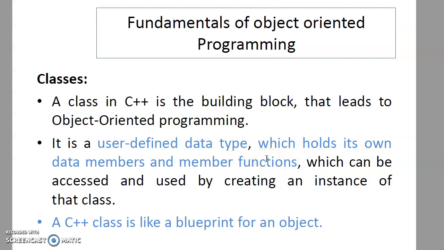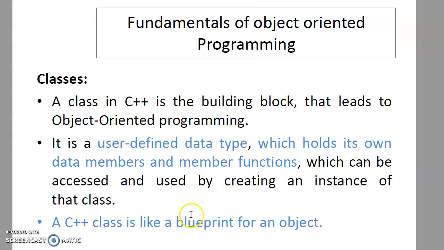So it has its own variables, that is data members, and member functions, that is the methods, which can be accessed and used by creating an instance of that class, that is an object. The class contains the declaration of the variables and the methods whose instance is an object.